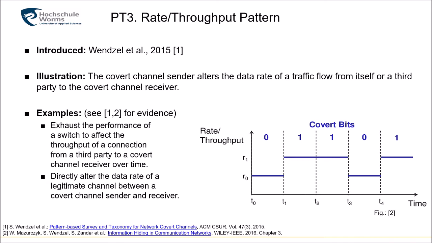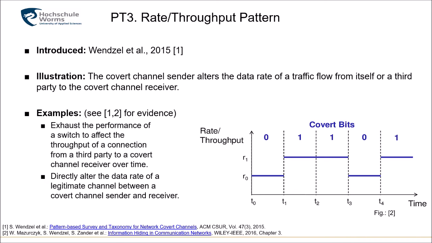A covert channel sender could use the throughput of a switch. If it's not a good switch, then it does not route all the traffic over separate chips. So if between a covert sender and some other node there's a lot of traffic introduced by the covert sender, then the performance of other switch ports might decrease as well.